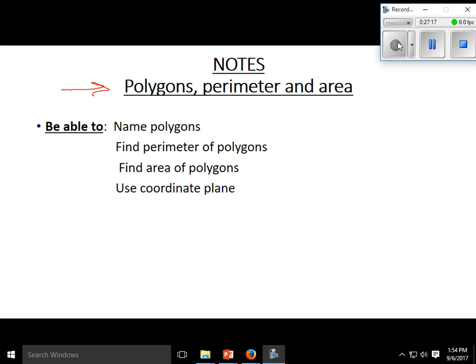If you don't have it written down, memorize it right now. Polygons, perimeter, and area. What you need to be able to do after today's lesson: be able to name polygons, be able to find the perimeter of polygons, be able to find the area of polygons, and be able to use the coordinate plane to find those.